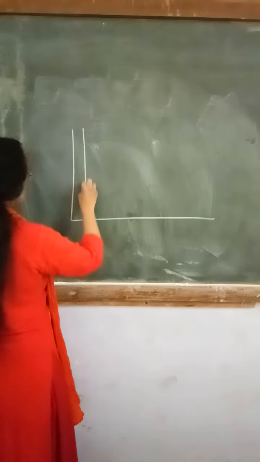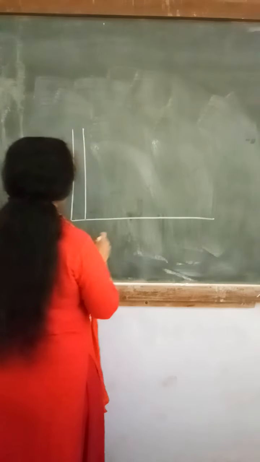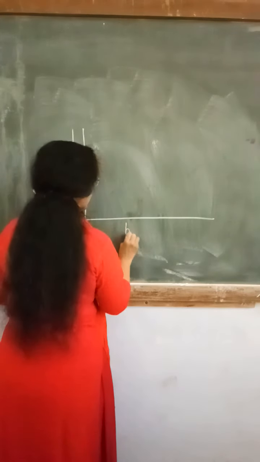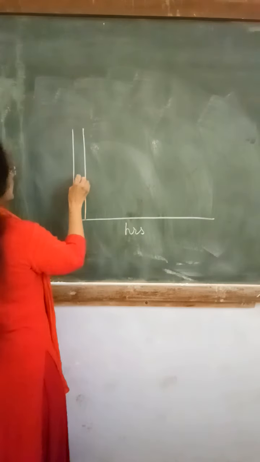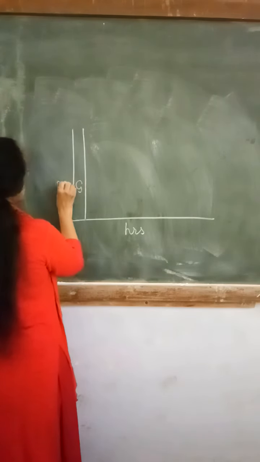So in this way, we will have two different y-axes, and then we will have an idea of the status of each parameter. Here it will be hours, here it will be sugar, and here it will be pH.